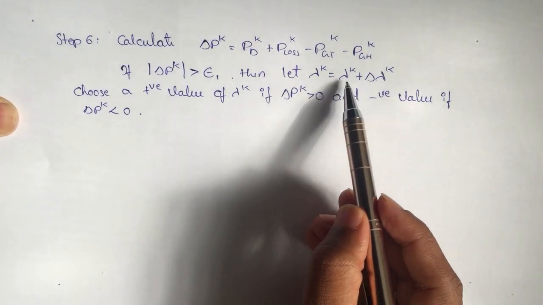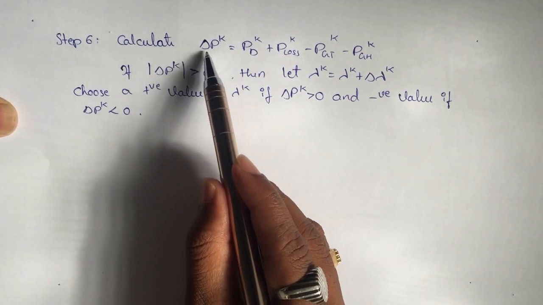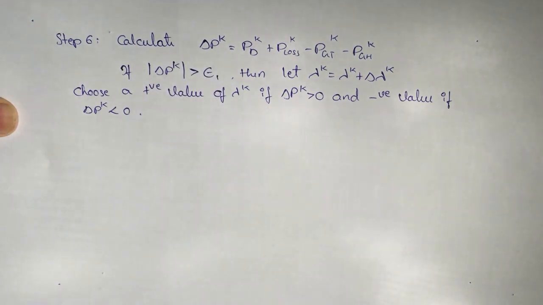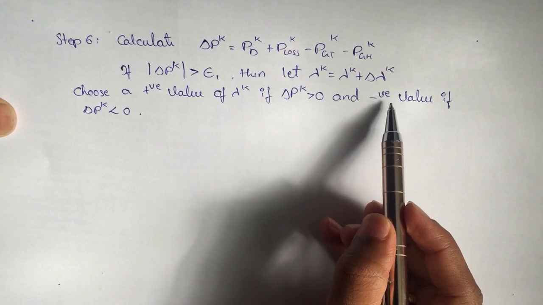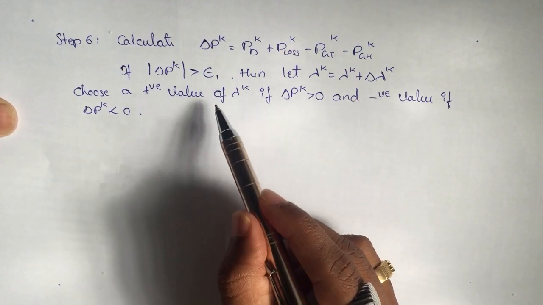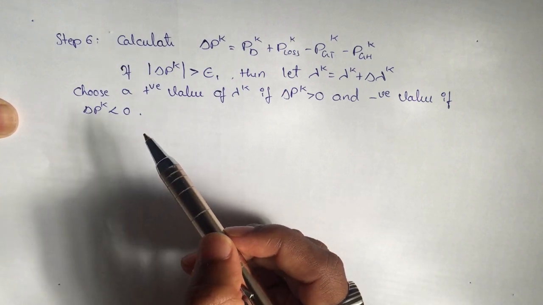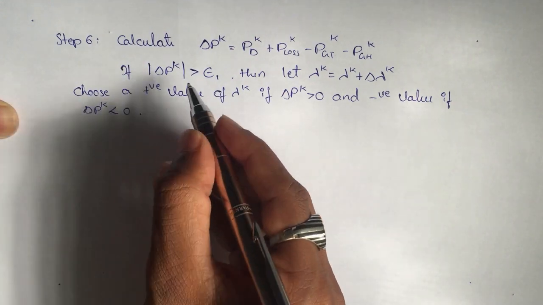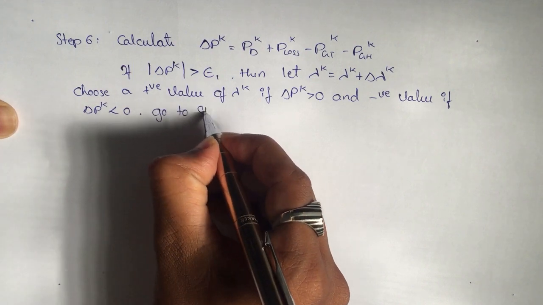Okay, to choose the value of lambda, we are having this procedure. If the change in power delta Pk is greater than 0, we are going to make it a positive value for lambda, and negative value if delta Pk is less than 0. Okay, after this step, we go back to step 4.